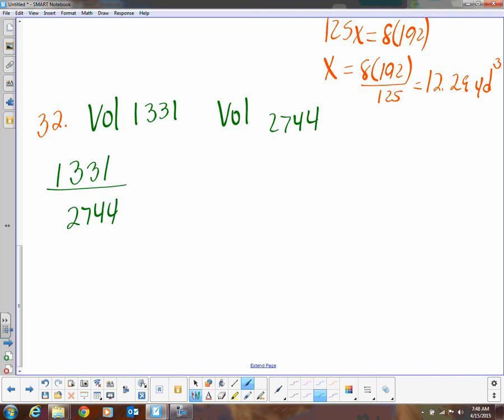Is that the scale factor? How do you do it? Does that simplify? Okay, how do you get scale factor? Cube roots. See if that's cube rootable. If that's not cube rootable, I go back and think about simplifying again. 11.